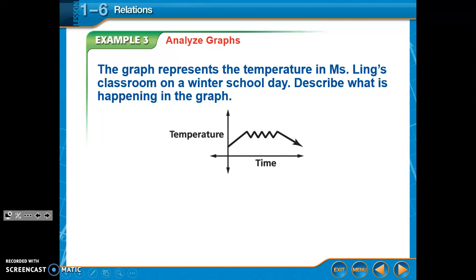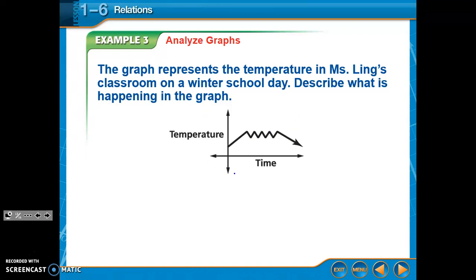If you're familiar with a heater or an air conditioner, they usually have a temperature at which it shuts off until it gets to another lower temperature, and then it turns back on. If you did not know that, you might say maybe she was opening and closing the windows throughout the day, so it would get hot and then cold and then hot and cold. That would be a decent explanation too.